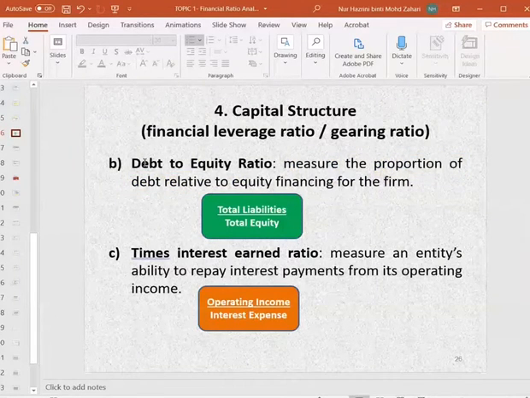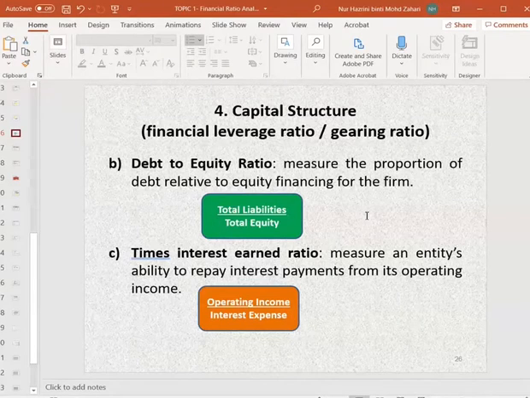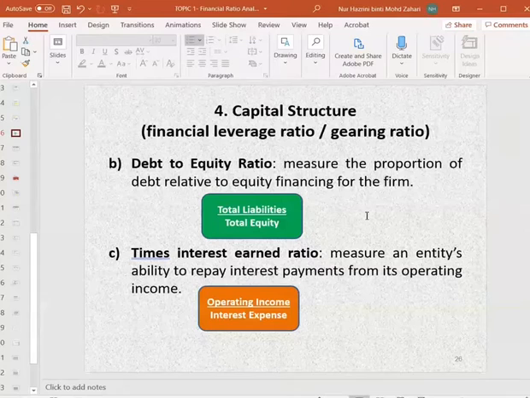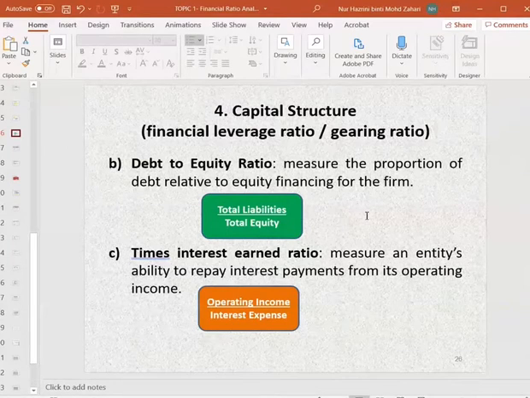Next, we have the debt to equity ratio. This one measures the proportion of debt relative to equity financing. Again, you have two methods to finance your business, either from equity or from liability. Here, we want to see whether you finance your company using more debt or more equity, because both have different effects.